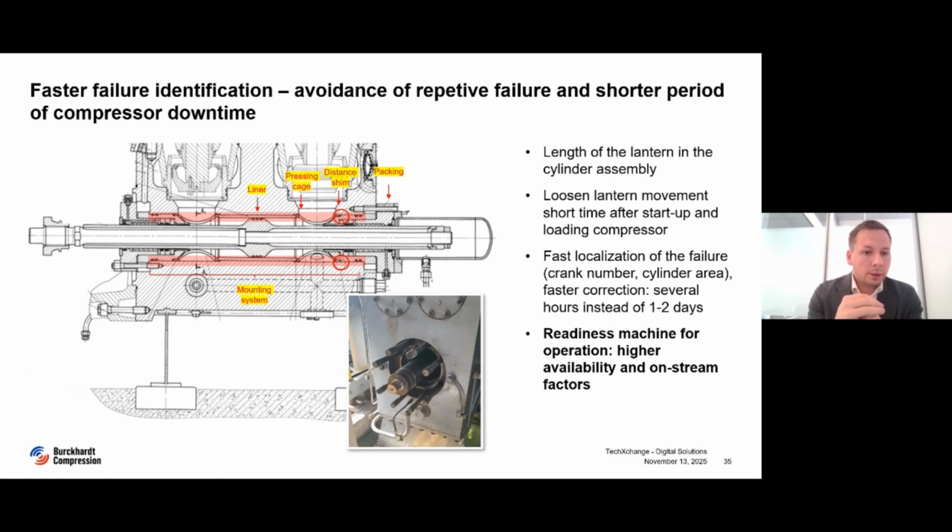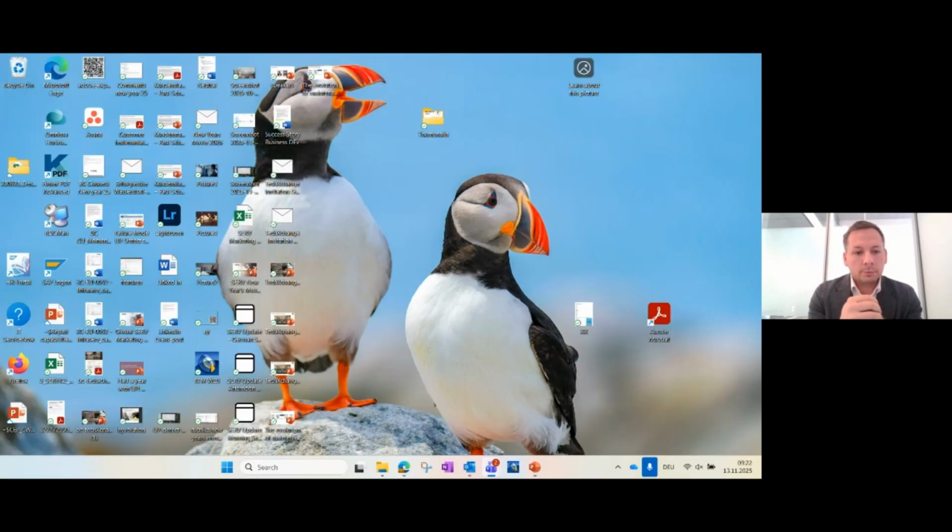So it was very quickly understood that it was a looseness, exactly as suspected, and it was eliminated also very quickly. On a quantitative feeling, let's say, the failure was eliminated in a couple of hours, while without the system it would require 1 up to 2 days out of a 365 days per year operating plant, which of course would not be positively impacting economic indicators of this plant.